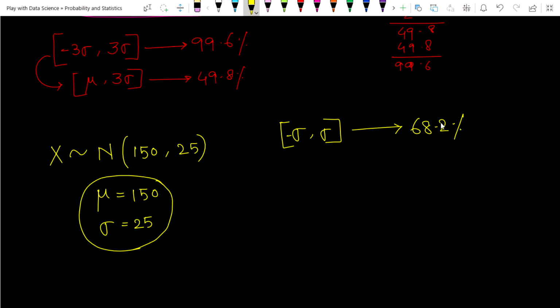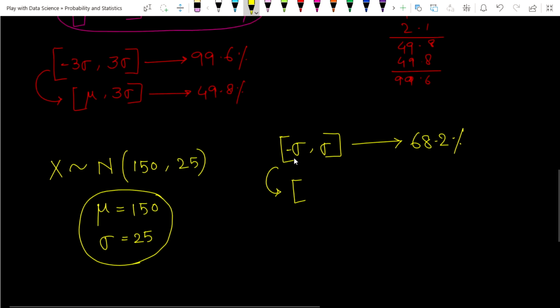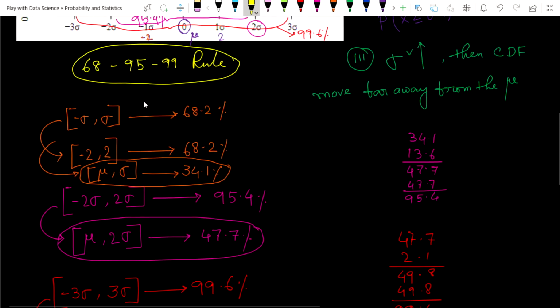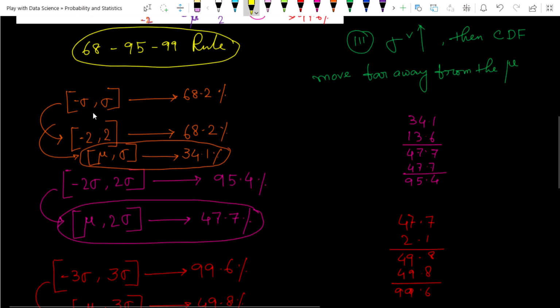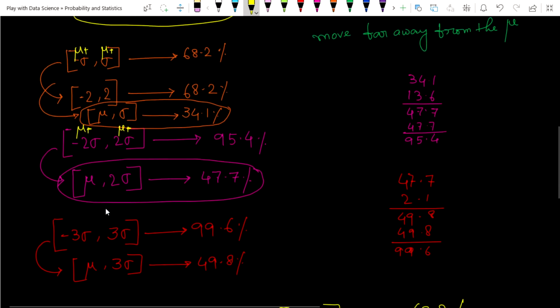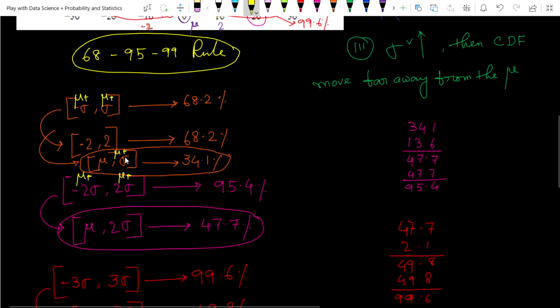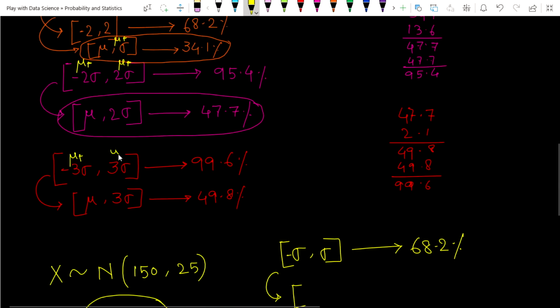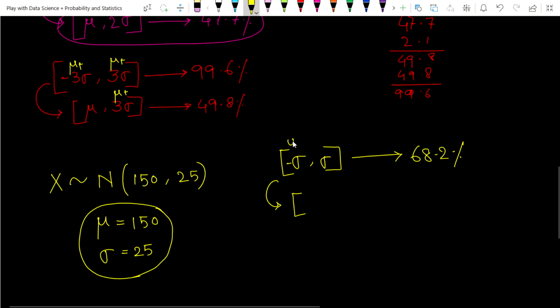The height of 68.2% of humans lies in this range. Here in the earlier examples I had taken mu equal to 0, but in general it will be mu plus and minus sigma. So mu means 150, and mu minus 25 to mu plus 25 means 125 to 175.